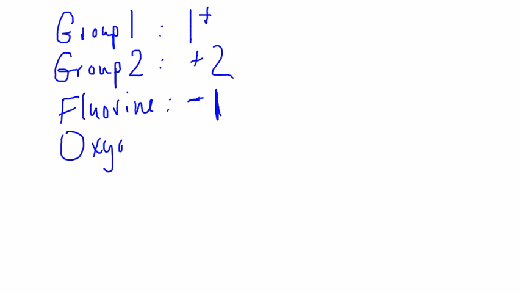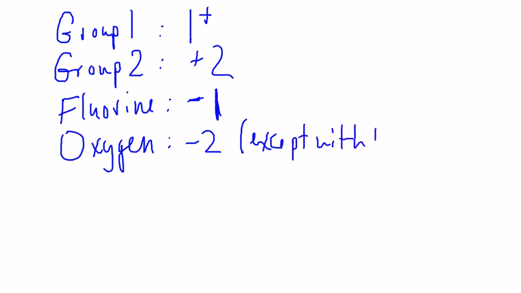Oxygen is almost always -2, except with fluorine. In the example of OF2, because fluorine is more electronegative, each fluorine is -1, and oxygen would be assigned a +2 state. The only element that can take electrons from oxygen is fluorine.